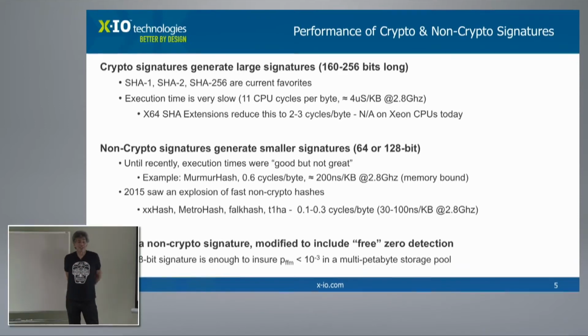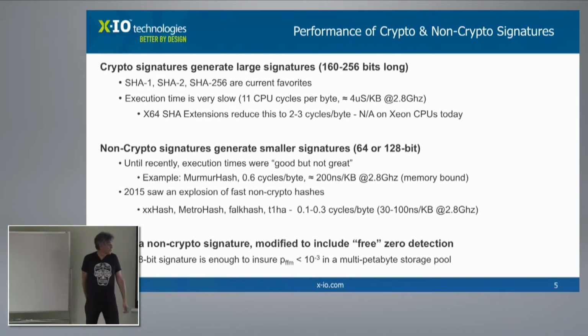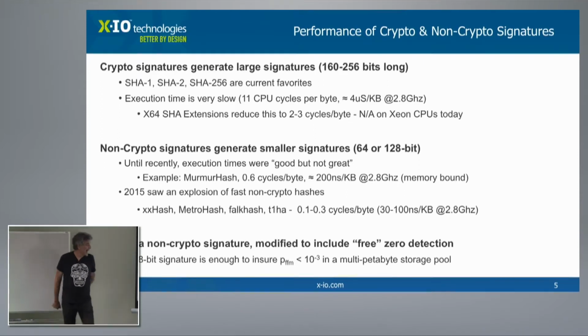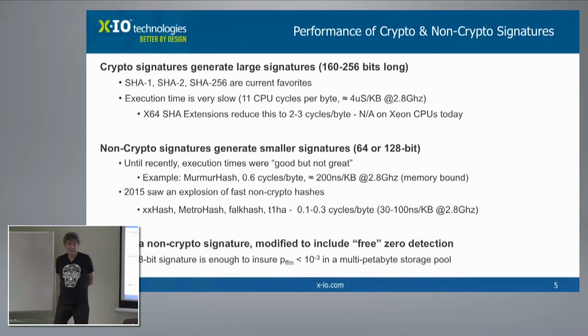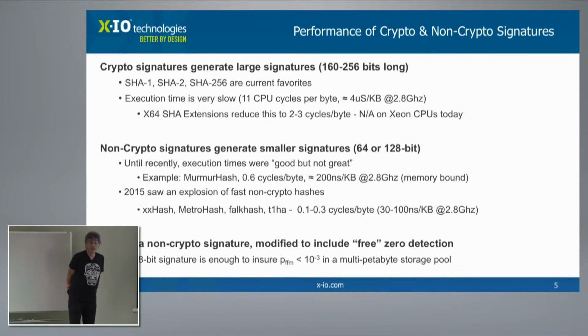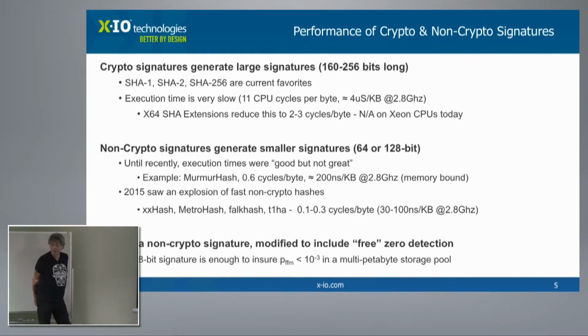So we use Metro Hash today; by the time we do the product, we'll probably switch to one of these. These are 2 to 6 times faster than Murmur and run at 10 to 30 gigabytes per second. So a processor can flood an Excelio in terms of I/O. As I said, one of the benefits of being late to market.